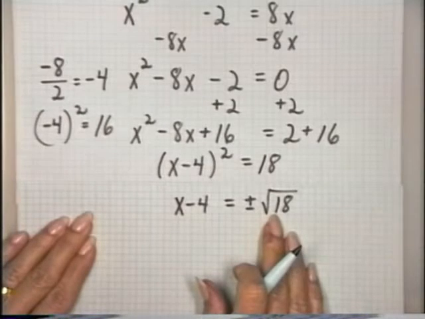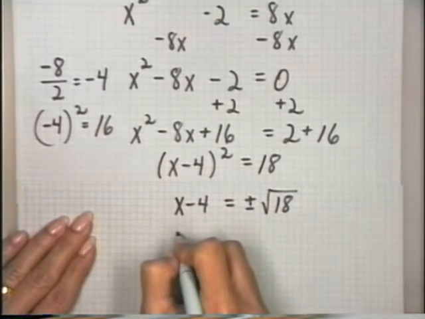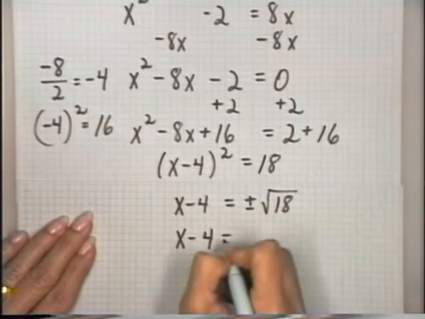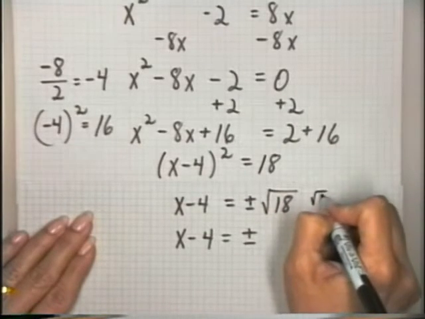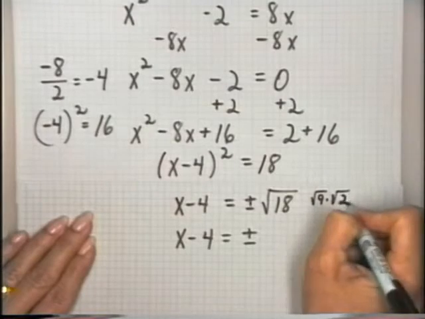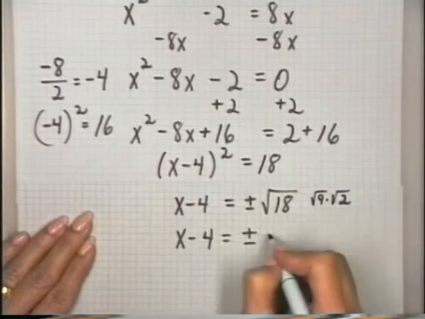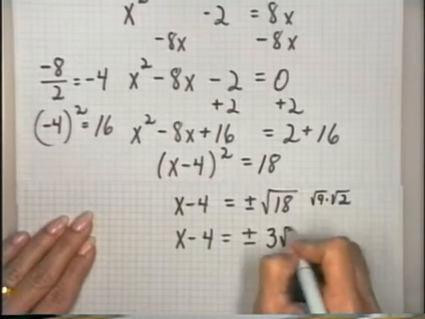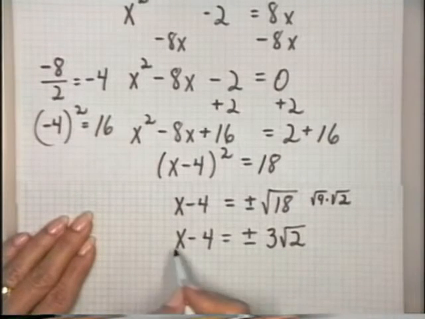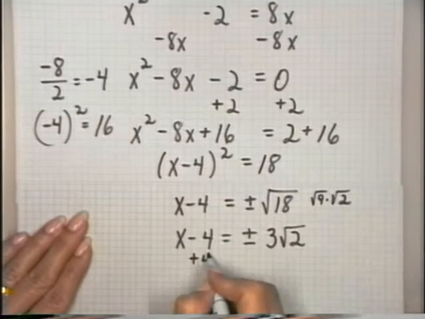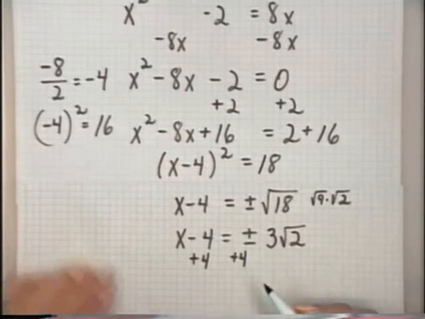Let's simplify the square root of 18 and let's solve for x. I think of the square root of 18 as the square root of 9 times the square root of 2. The square root of 9 is 3. So I'll have 3 times the square root of 2. Solving for x, I want to add the 4 to both sides of the equation.